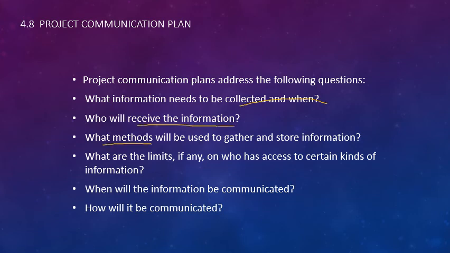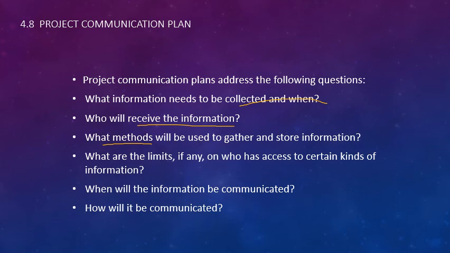So some people just want an email update. Others may want a slide presentation. Some may say, you know what, once a week I want to have a sit-down meeting and you go over it so that it's kind of a show and tell of what's going on and they can ask their questions. What are the limits, if any, on who has access to certain kinds of information?